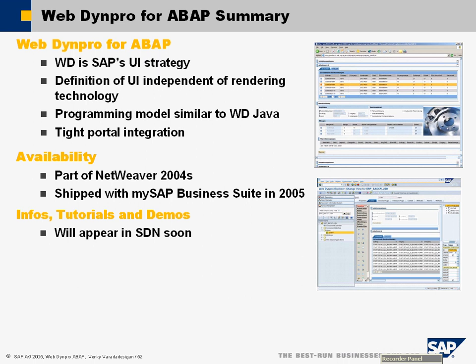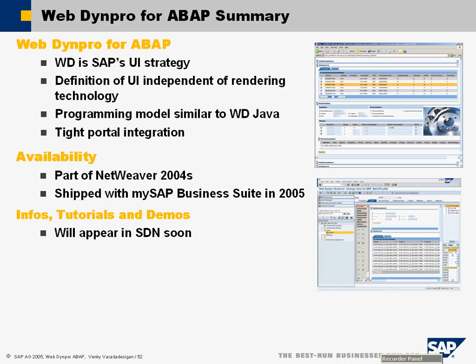So if you know modeling in one flavor, you can very easily do it in another, and it has tight portal integration. Web Dynpro for ABAP is part of NetWeaver 2004S, which is the basis for MySAP ERP 2005 and MySAP Business Suite 2005. And the ramp-up is starting in Q4, end of October 2005.